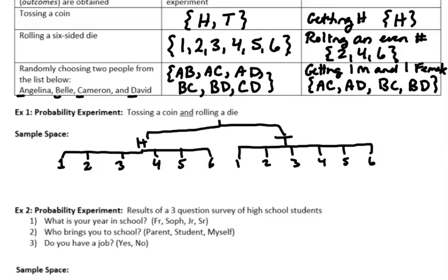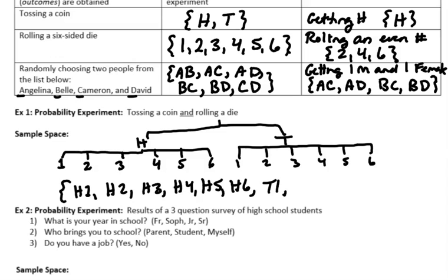So when I name my sample space, it's kind of like when I did the Angelina, Belle, Cameron, David example. There's actually 2 things put together in my sample space. So I could have heads 1, heads 2, heads 3, heads 4, heads 5, heads 6, or tails 1, tails 2, tails 3, tails 4, tails 5, and tails 6.